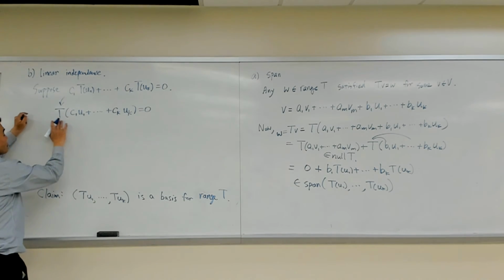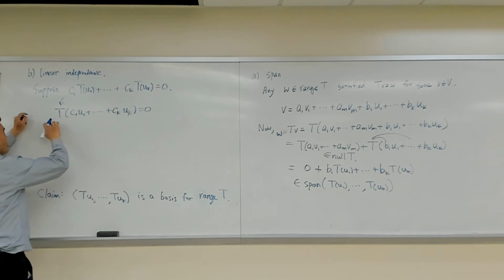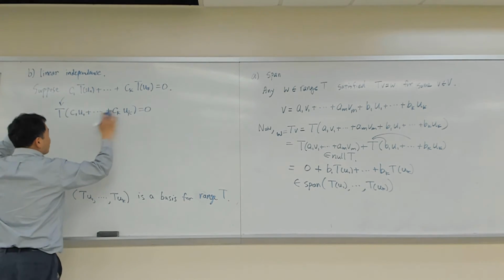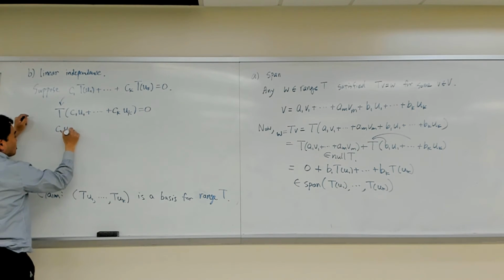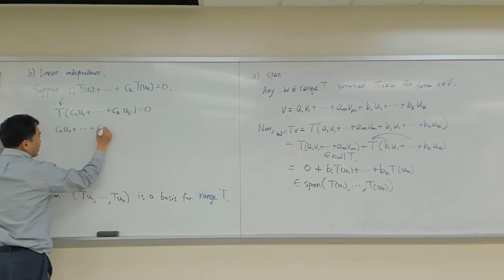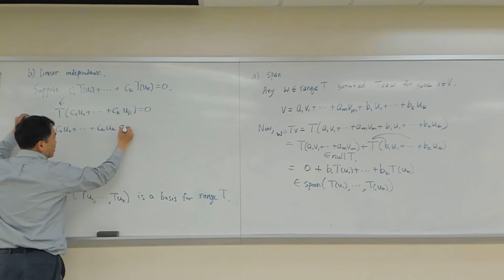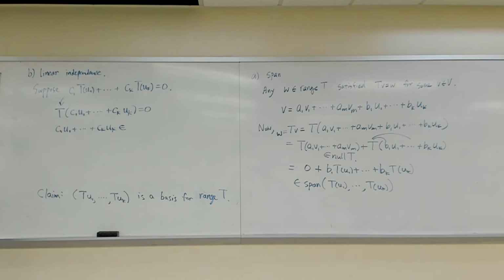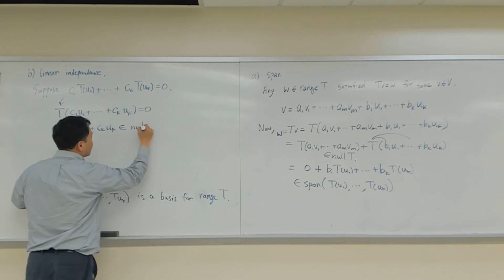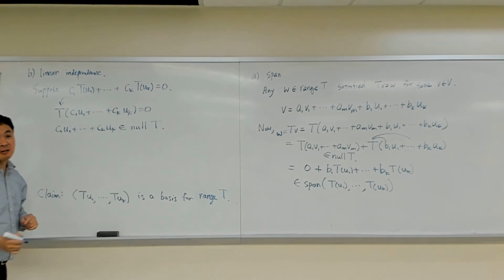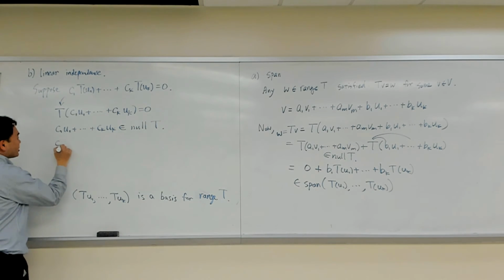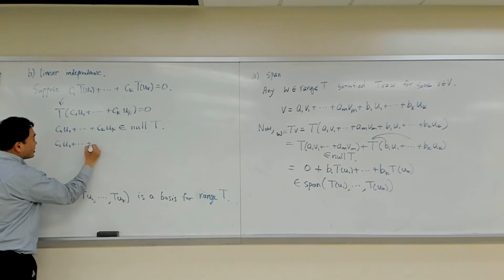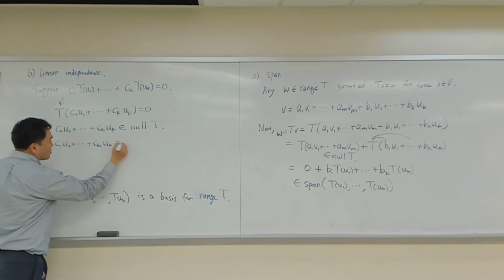Now, because when T is applied to this you get 0, what does this tell us about C1 U1 through CK UK? This must be in the null space of T, right? But we know that the null space is spanned by V1 through Vm.